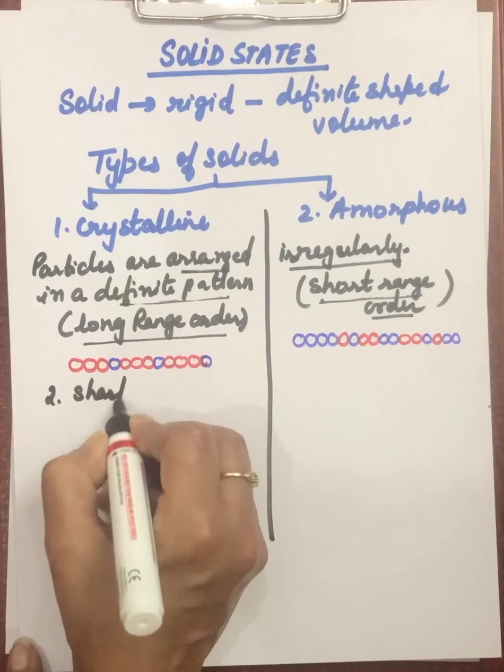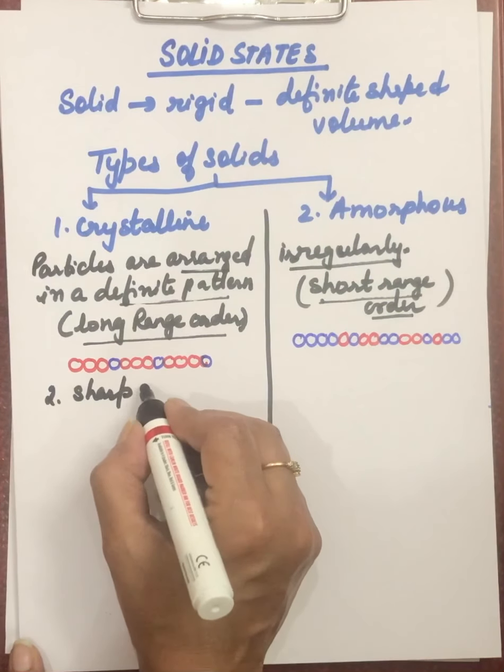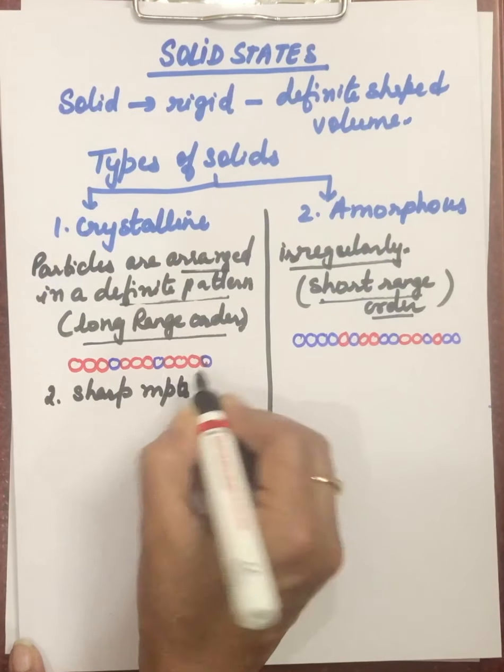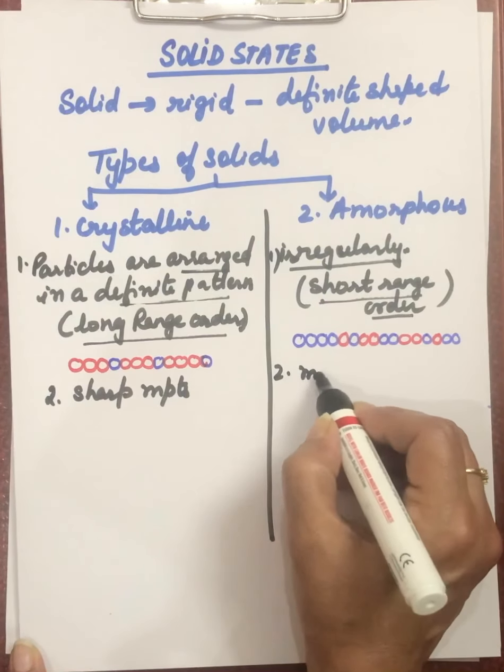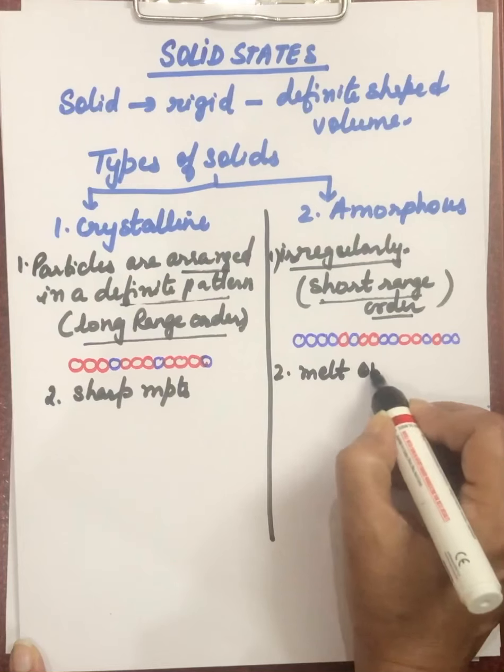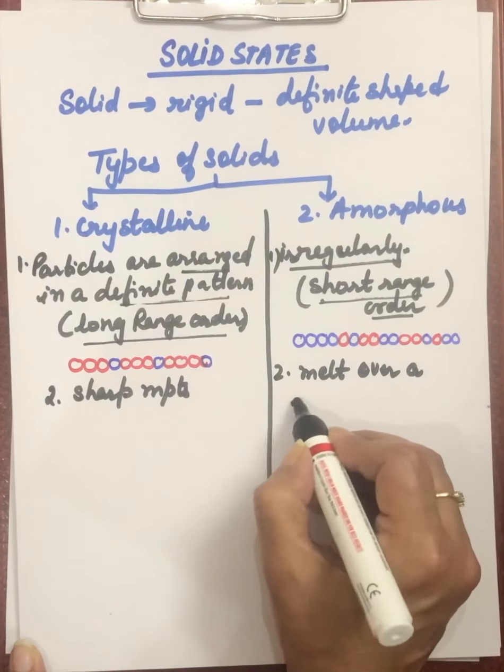The melting points of crystalline solids are sharp, while amorphous solids melt over a range of temperature.